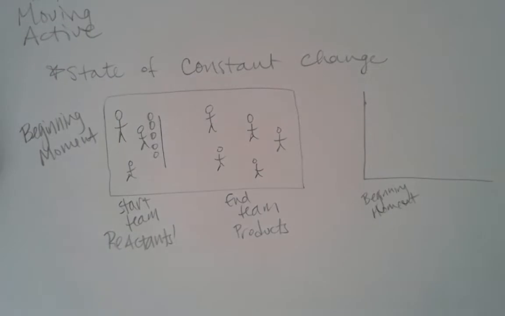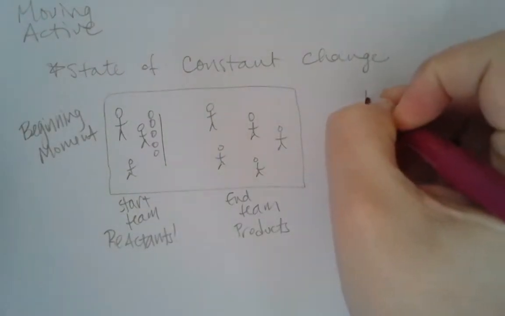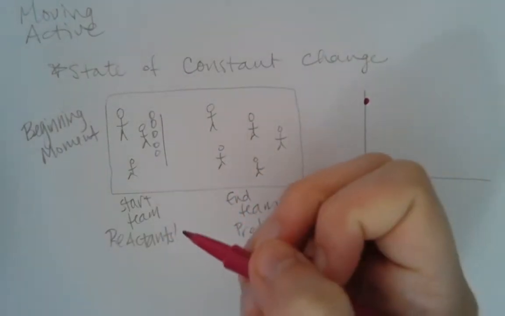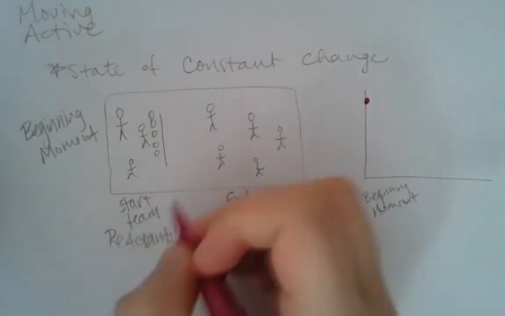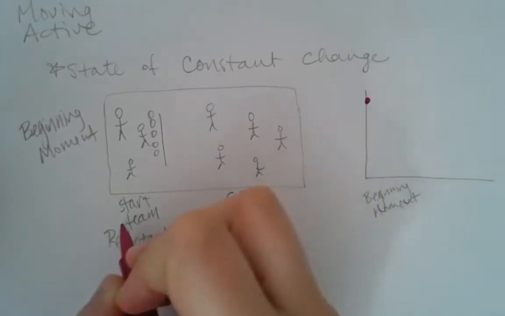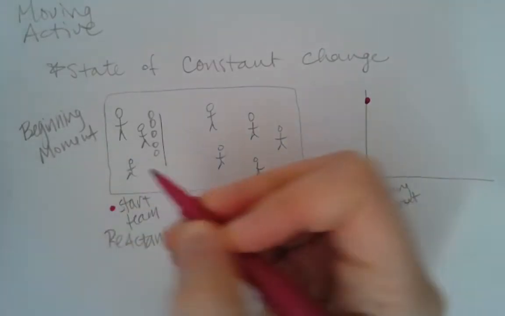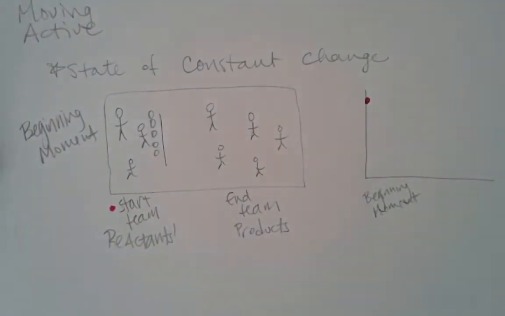I actually need two colors for this. So everything starts as reactants. So that beginning moment, our start team is going to be pink, okay? So the start team, everything starts in that starting spot, okay?